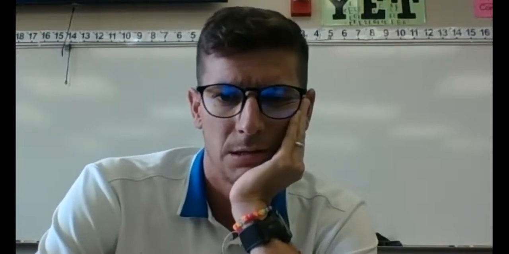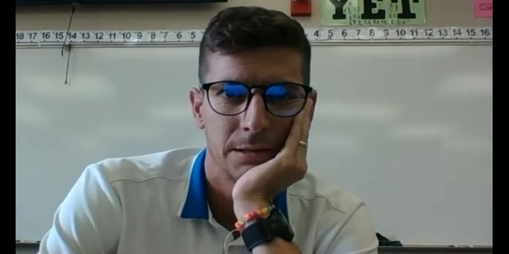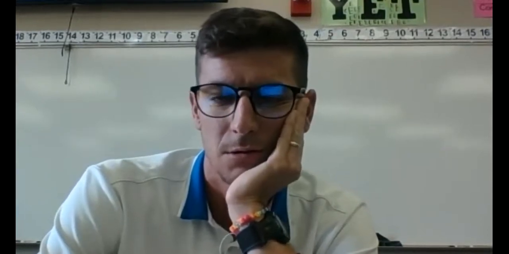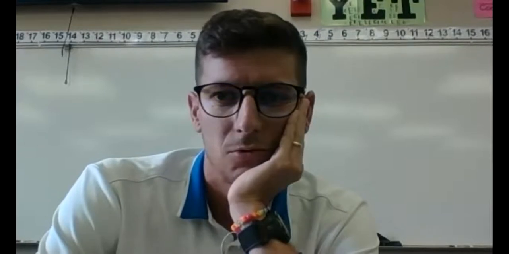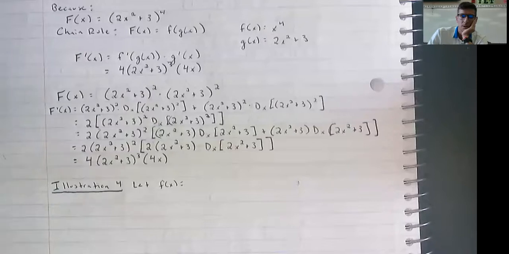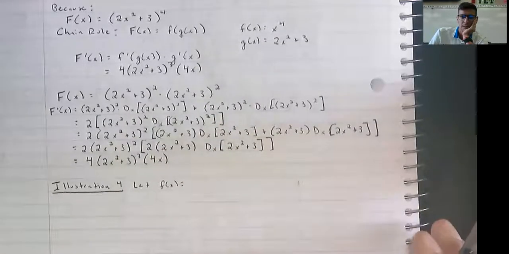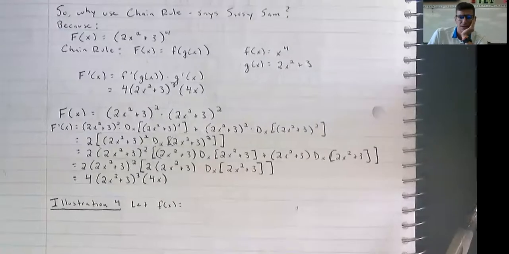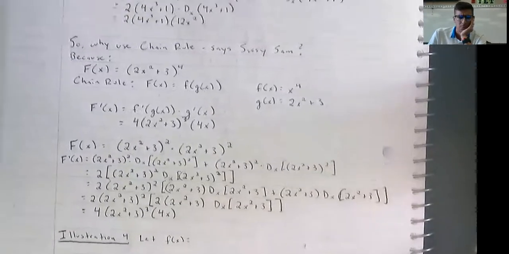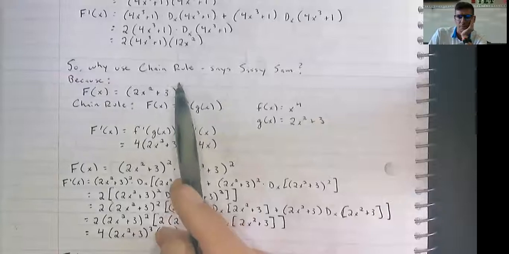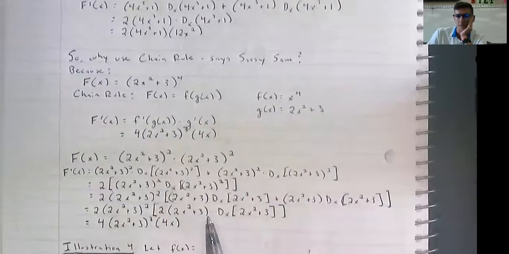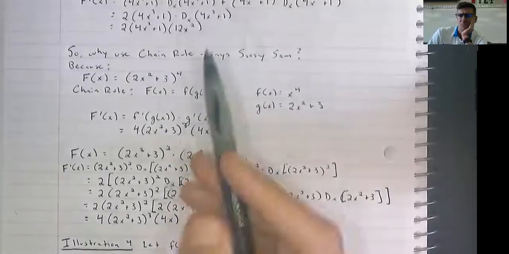So let me go back to the view that I want. Whew. So hopefully you got all this. If not, press pause and copy it down. I don't know where it cut out. I think not that long ago we were confirming that the chain rule is actually super tight and awesome and worth our time, because we had a sassy student in the back of the classroom yelling, why not just use product rule?